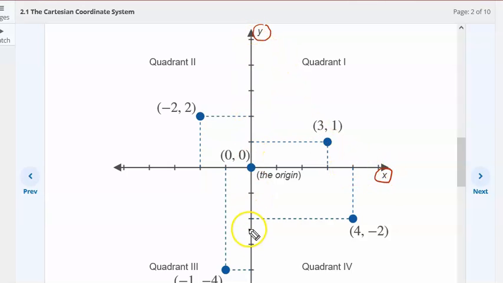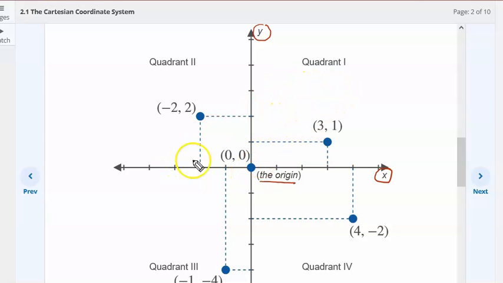The y-axis is vertical. And they meet at 0. So the ordered pair at their intersection is (0, 0), which is referred to as the origin. If you wanted to make a sketch of this, that would be useful.